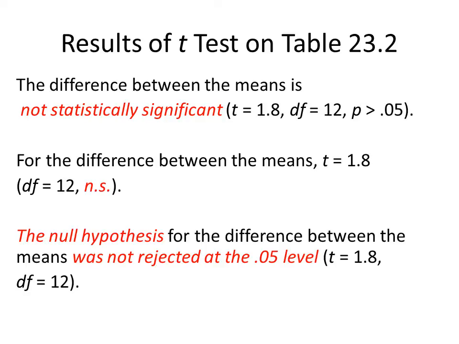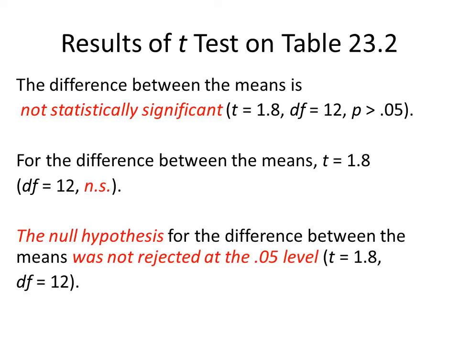Our p is greater than 0.05 in example 4. So when we're talking about this, we can say, well, the difference between the means is not statistically significant.